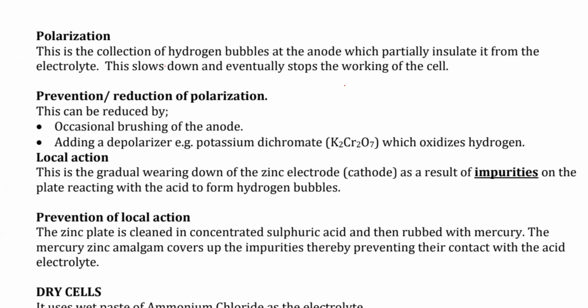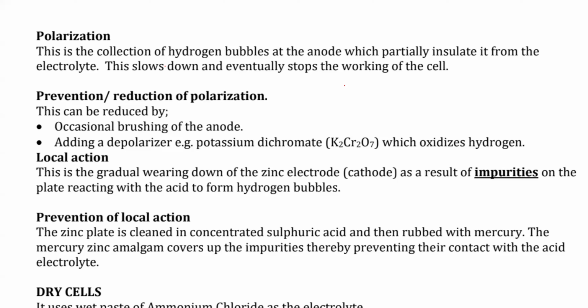So that is polarization. And how can we prevent it? By occasionally brushing the anode. Brushing means that anytime you see the bubbles coming up, you remove them with something safe, and by that you will prolong how your cell works. Or you can use something that can depolarize.